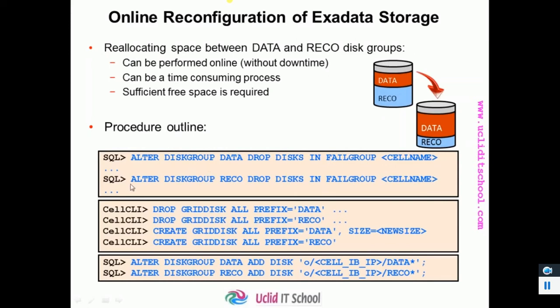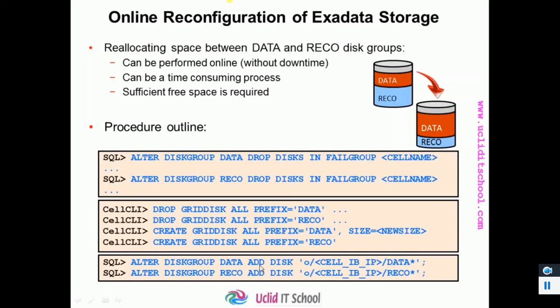Then you drop the disks in the record disk group. Then you drop the grid disks belonging to data and record. Then you create the grid disks with the new size as required. Then you add them back to the disk group.